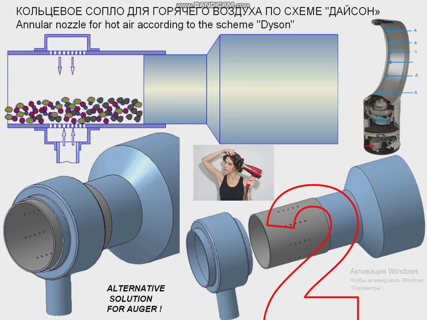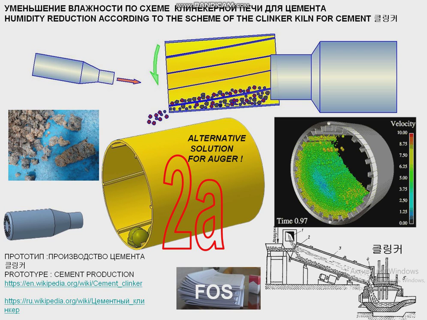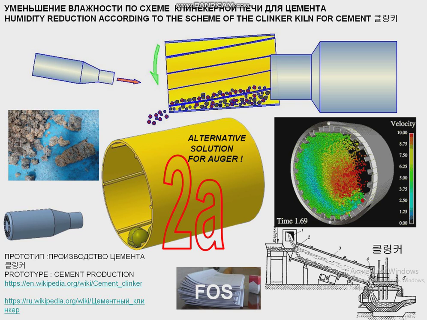And you can see the description of a concept like Dyson. It is not so difficult, and it is not necessary to spend a long time explaining it. Next, we will use the cement clinker machine as a prototype, and we can create this version of the solution.